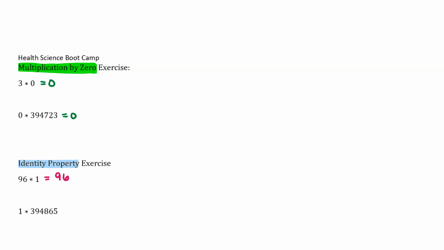If I take 1 and I multiply it by 394,865, I'll get 394,865. So anytime you multiply by 0, the outcome is 0. And anytime you multiply by 1, the outcome is the number that you are multiplying.